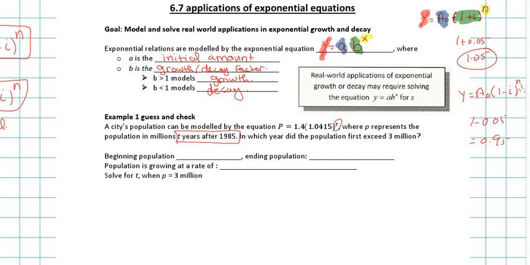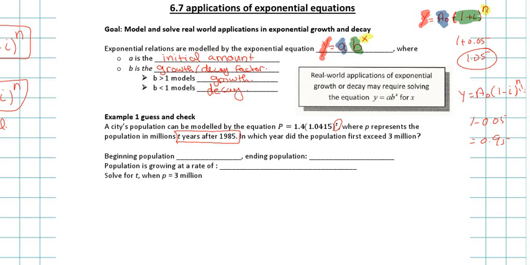Zero. So 1985 would be 0 for T. 1986 would be 1. 1987 would be 2. So when you're plugging in your numbers, 0, 1, 2, 3, you need to know what 0 represents, what 1 represents, what 2 represents. Okay?